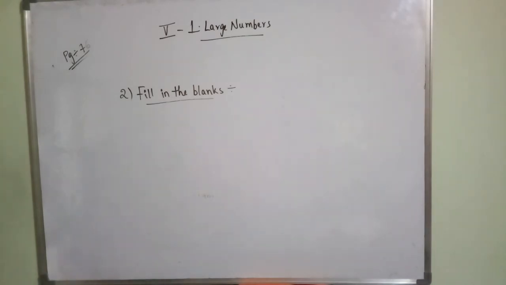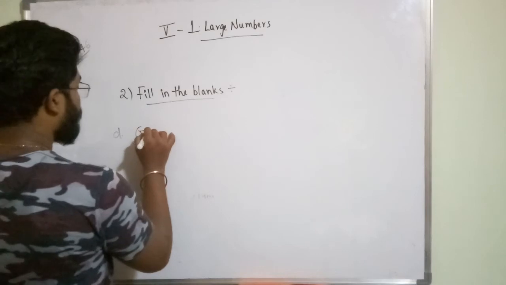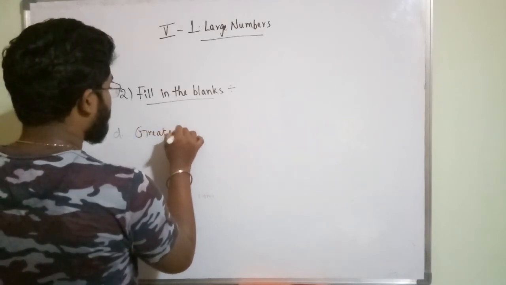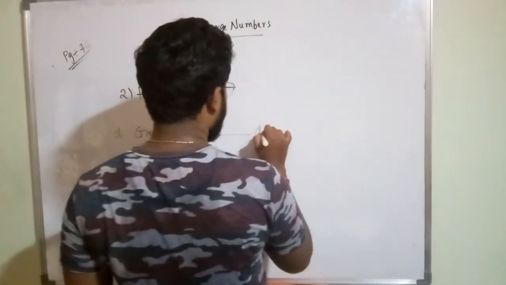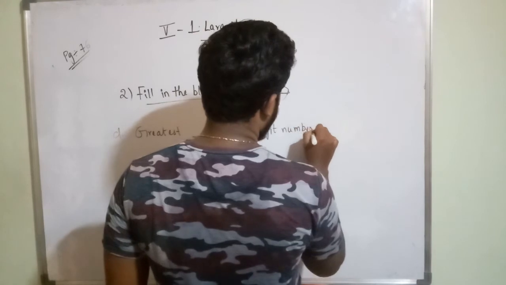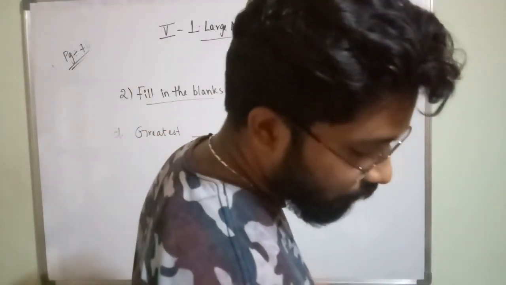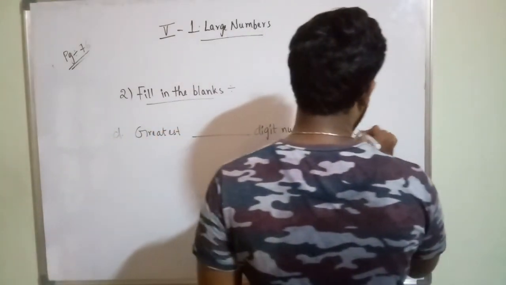So what is the next one? D. Greatest dash digit number plus 1 is equal to smallest 10 digit number.